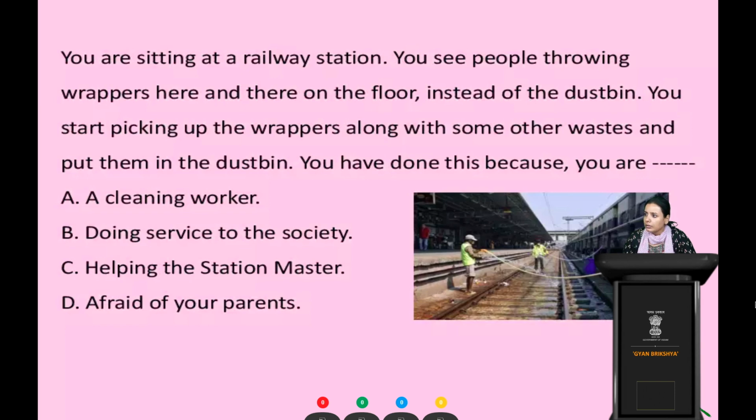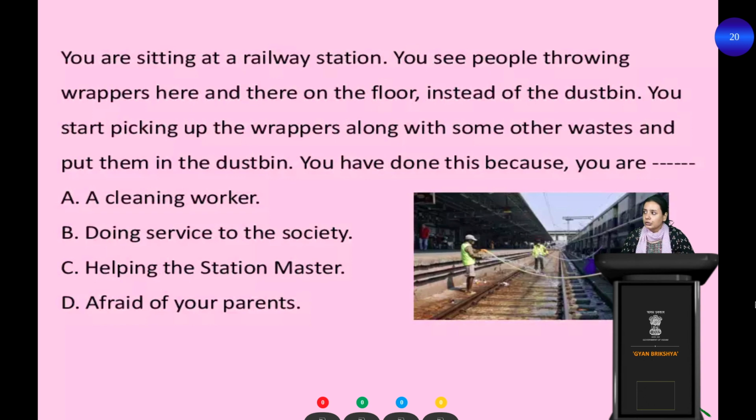Instead of the dustbin, you start picking up the wrappers along with some other wastes and put them in the dustbin. You have done this because you are A cleaning worker, B doing service to the society, C helping the station master, and D afraid of your parents. What would be the answer, students?